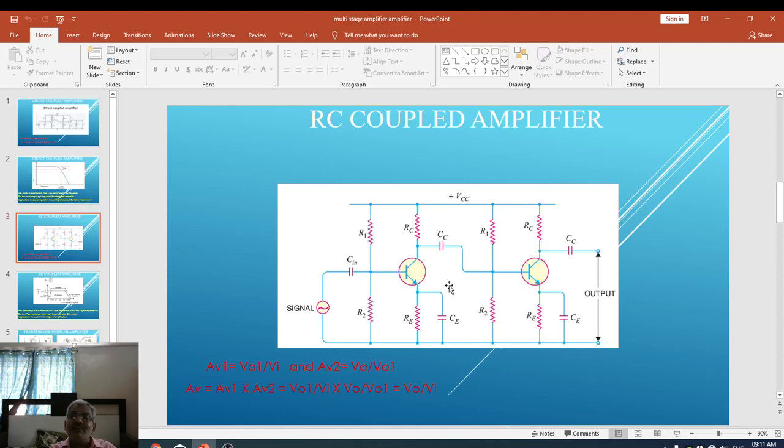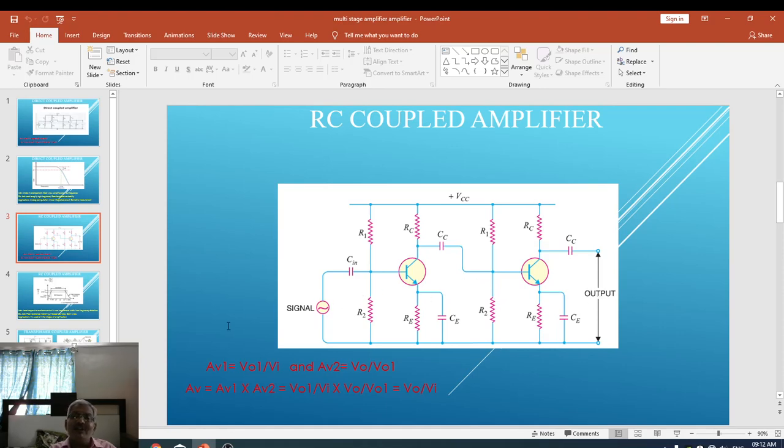The first stage amplifies this signal and provides VO1 as the output voltage. This amplified output voltage is coupled as an input to the second stage, which further amplifies it, and the net amplified output voltage VO is made available at the second stage.